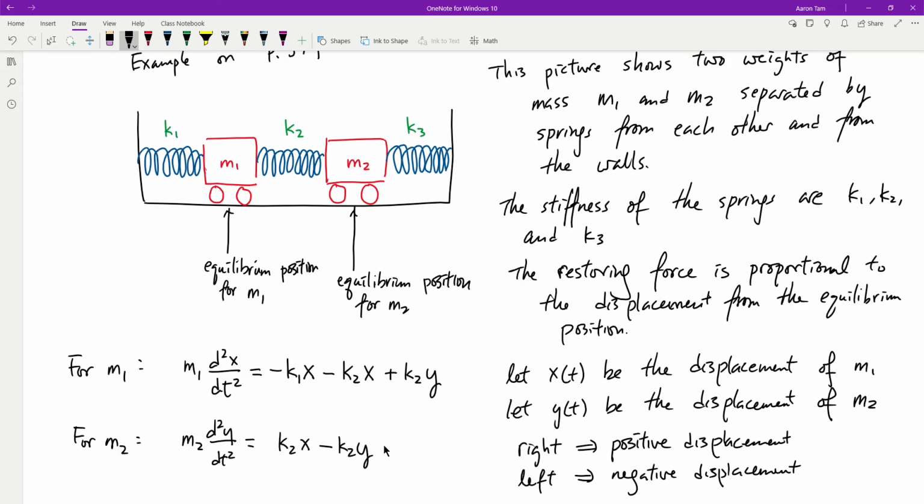Therefore, that gives us a negative K3y. Notice the plus or minus in the force here is defined based on whether it's going against the displacement or with the displacement. If it's with the displacement it's plus, but if it's against the displacement it's minus.